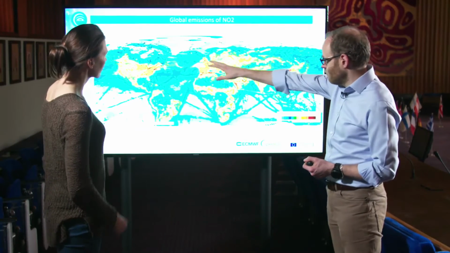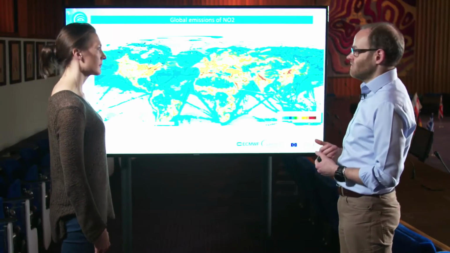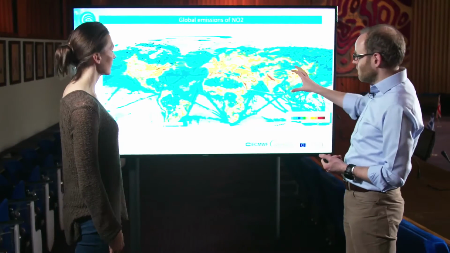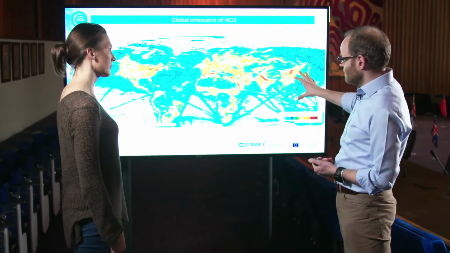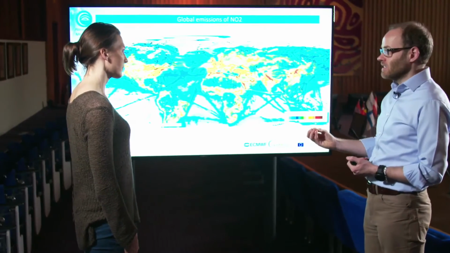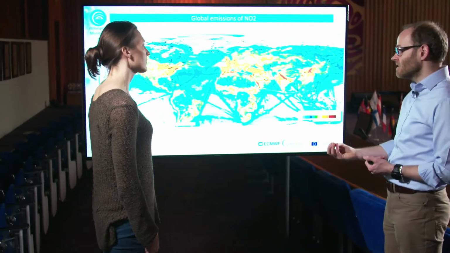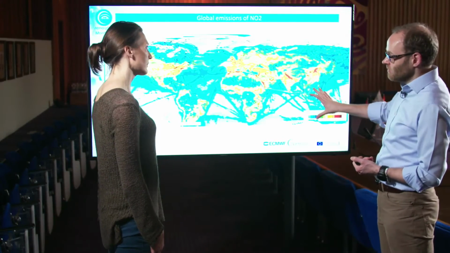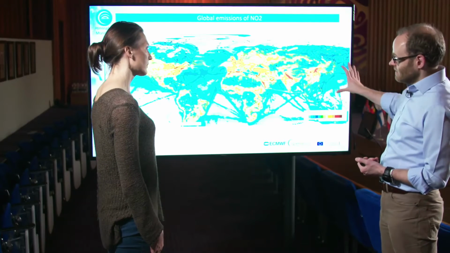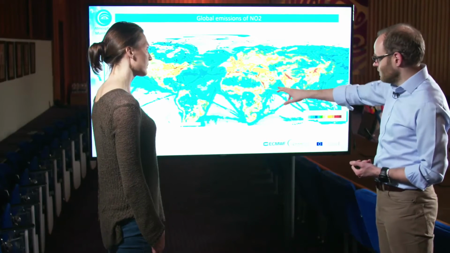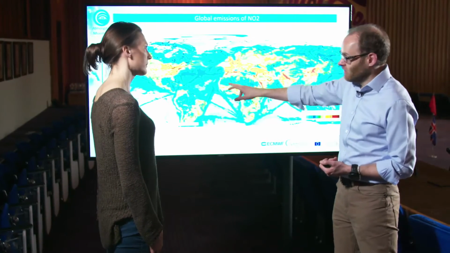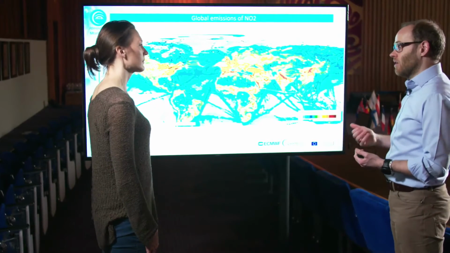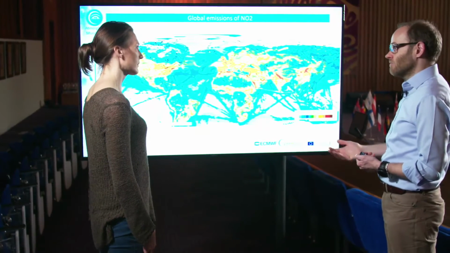And where we see the red colours is where there's very high values, and those are correlated in a lot of cases with pollution sources such as cities and urban areas. And what it shows us is that there's really a wide distribution of those sources, and not just over the land surface, but the lines that cross the ocean are actually coming from shipping routes, and these are NO2 emissions that are coming from ships.